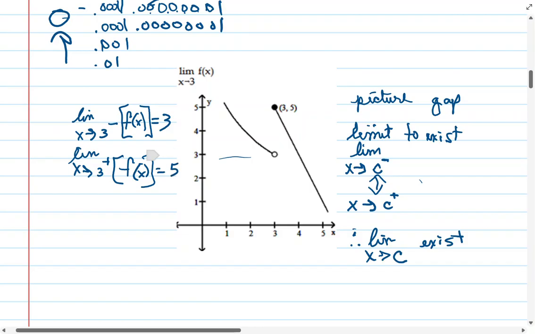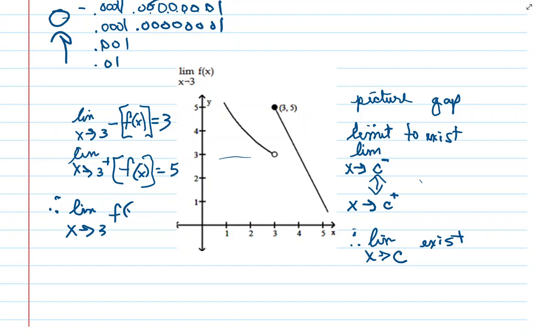Well, they don't match. Therefore, the limit as x approaches 3 for this f of x does not exist.